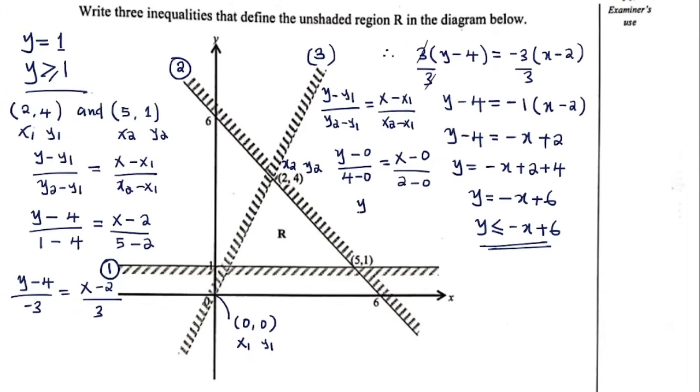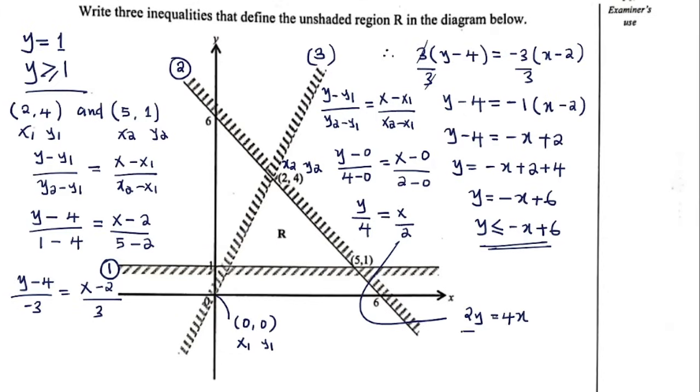So this one will be y over 4 being equal to x over 2. You cross multiply. We're going to have 2y being equal to 4x.